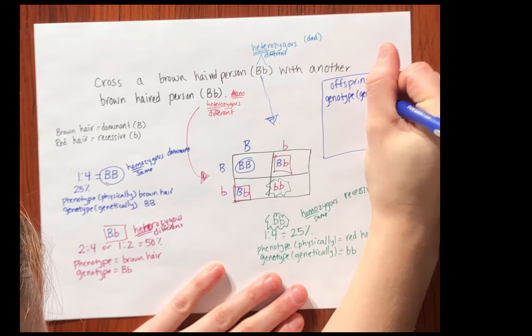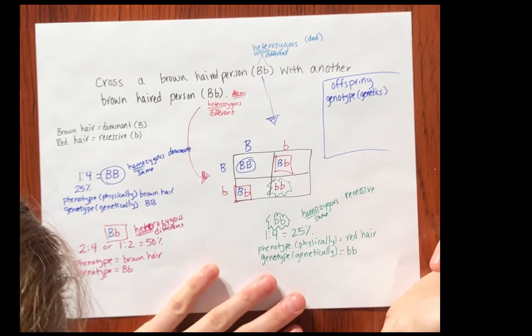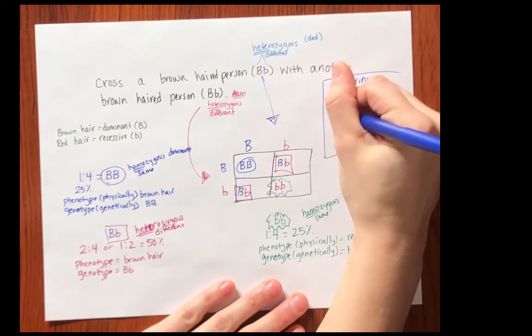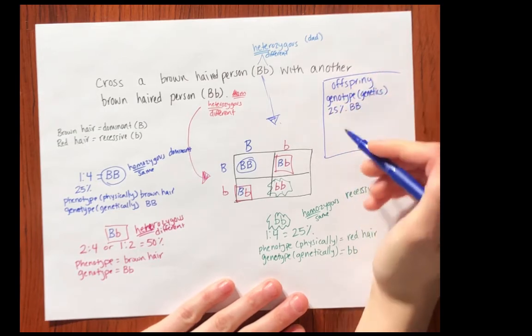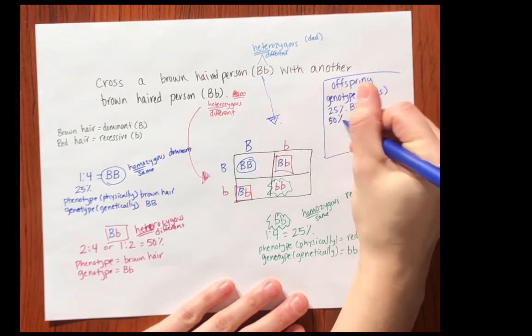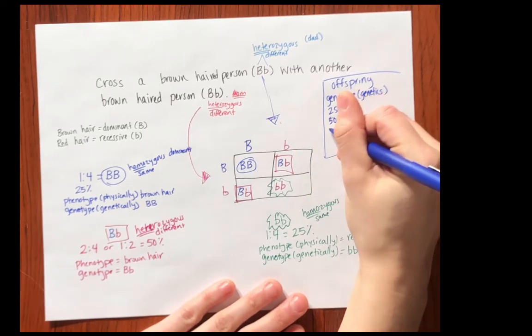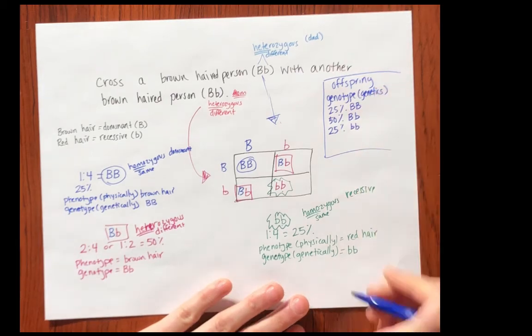That's genetics. If we're talking about their genetics, 25% are going to be big B, big B, 50% are going to be big B, little b, and 25%, or 1 out of 4, is going to be little b, little b.